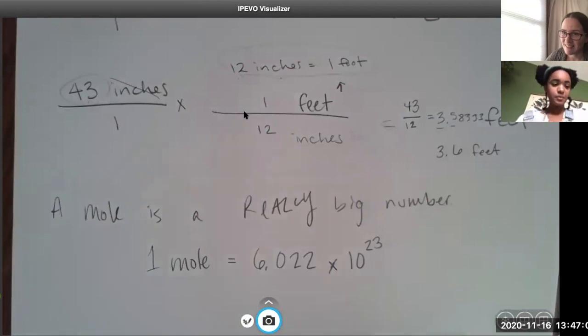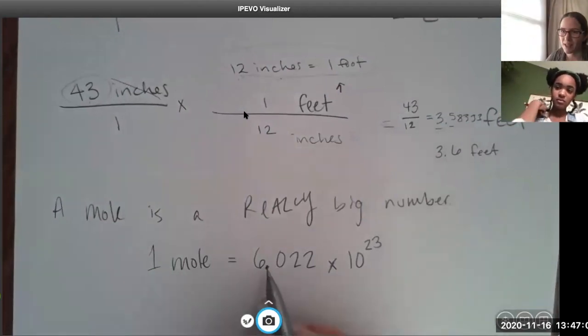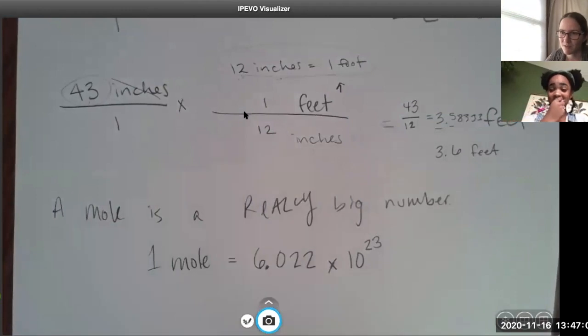Yeah, it's like move that decimal 23 times. Oh my goodness. That's massive. Is that the largest currency out of all of them?